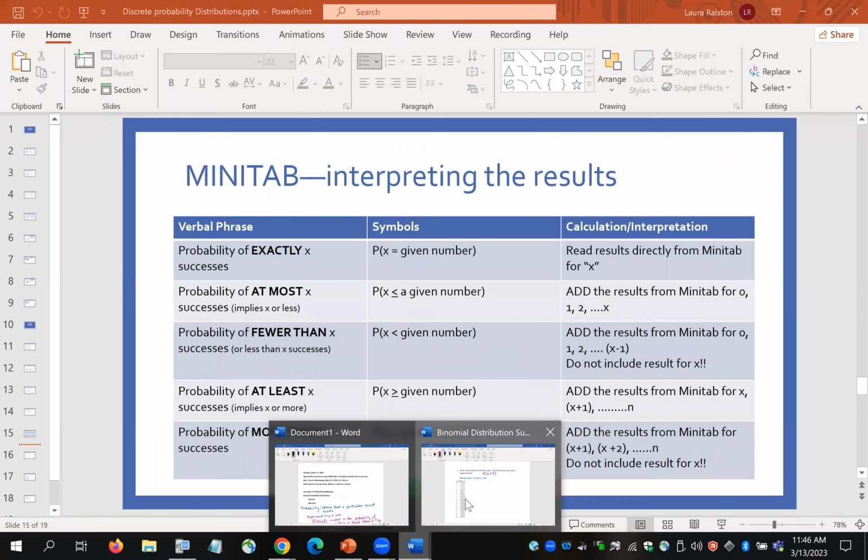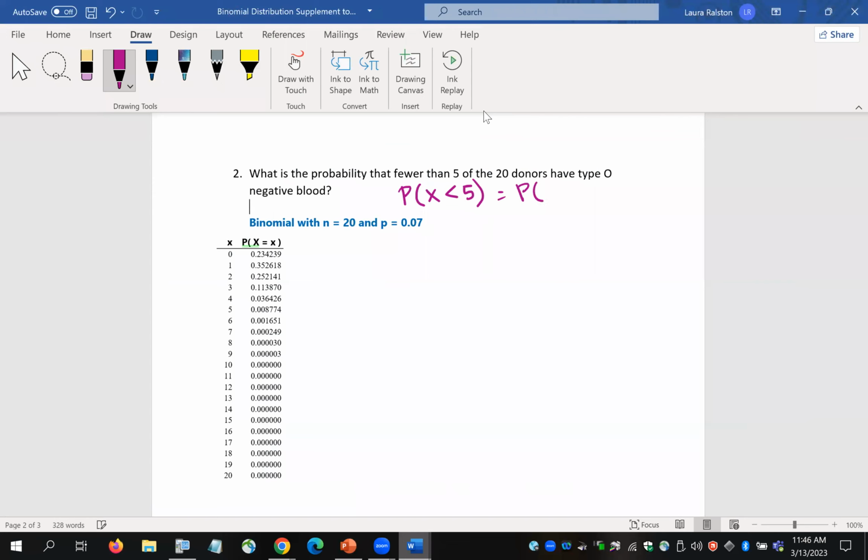So fewer than 5 is X is less than 5. Again, go back to your table. Fewer than is simply less than. It does not include the result for X. So for this problem, fewer than 5, we would do 0, 1, 2, 3, and 4. We do not include the 5 because it's fewer than 5. So we would add those numbers up.